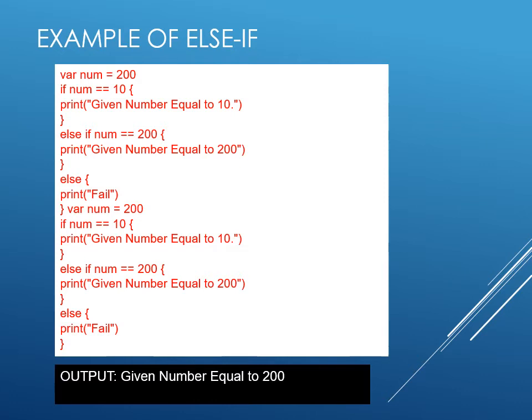This number was equal to 200, so this statement will be executed. Suppose here it is 20, so 20 is not equal to 10, false. 20 is not equal to 200, false. So then in that scenario it will print fail, right?